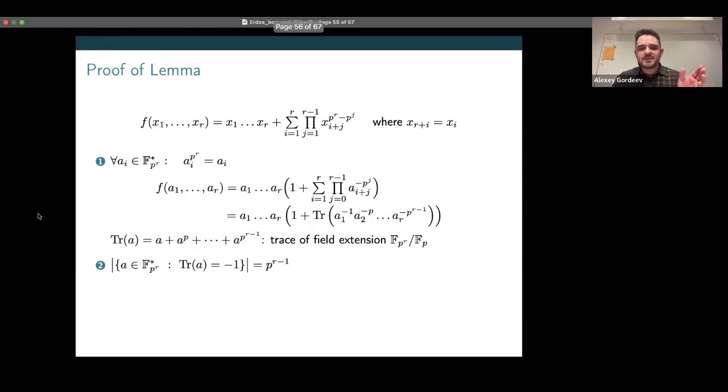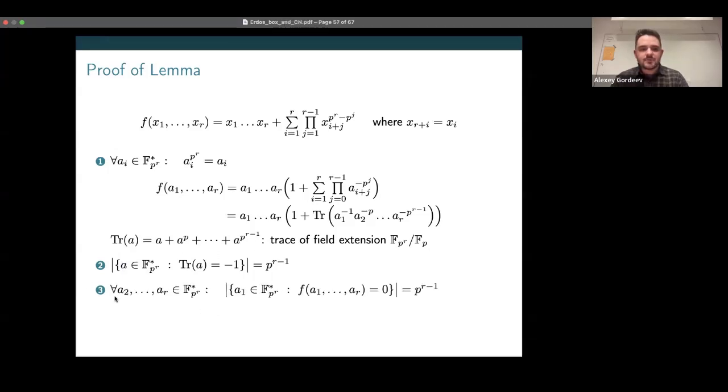What we need from the trace here is basically that it takes values in F_p for every element of F_{p^r}, and moreover, it takes every value the same number of times. So in particular, it's equal to -1 p to the r minus 1 times when you go over non-zero elements of the field.